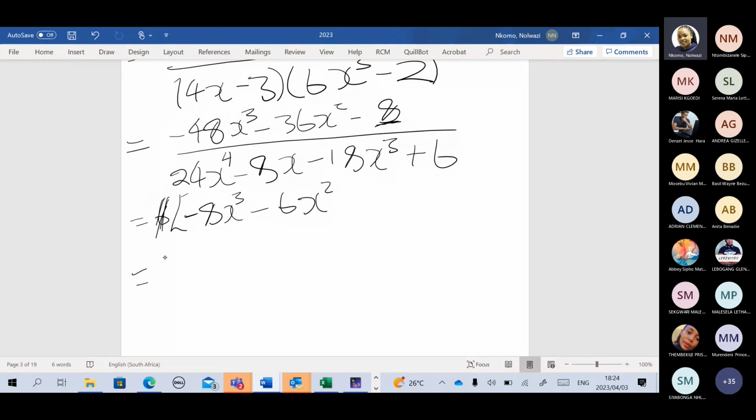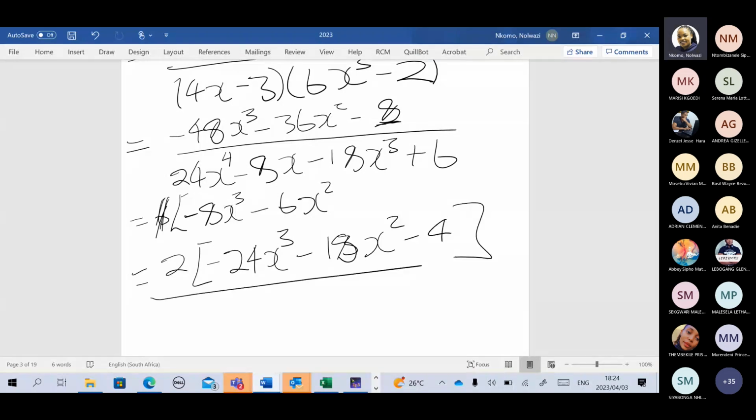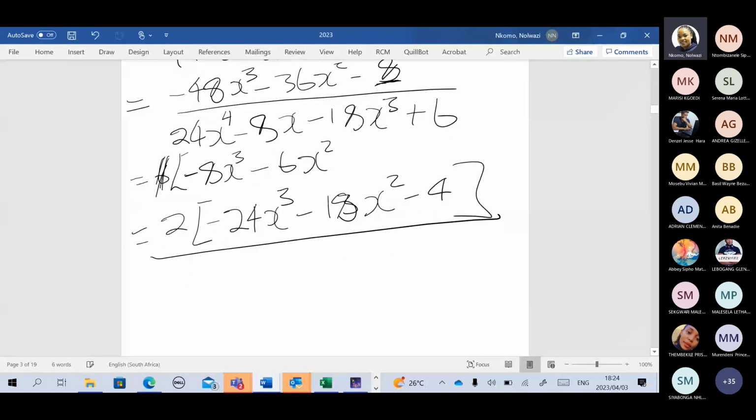If I take out 2, I will have minus 24x cubed minus 13. Oh, it's 36 divided by 2, so it's 18, minus 18x squared minus 4. And then I take out 2 below again.